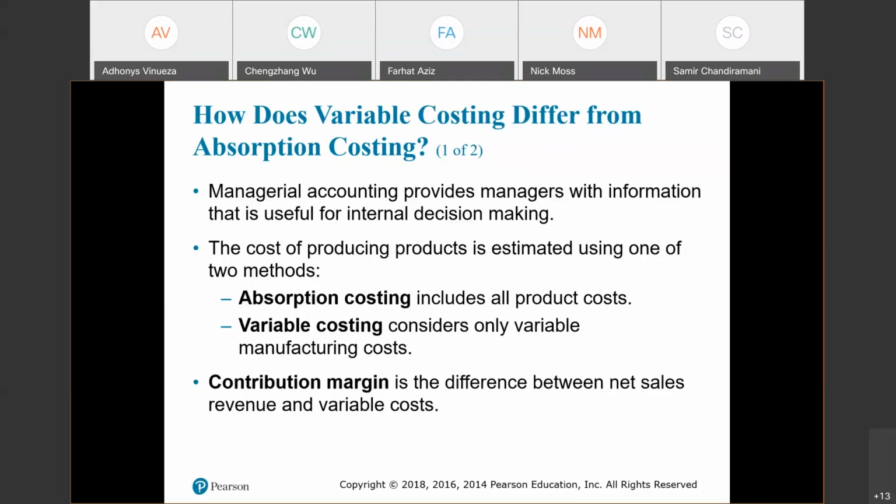But in managerial accounting, as I said, the information provided is primarily used by the internal users. So for the internal users, they focus on variable costing. Let's see what's the difference.